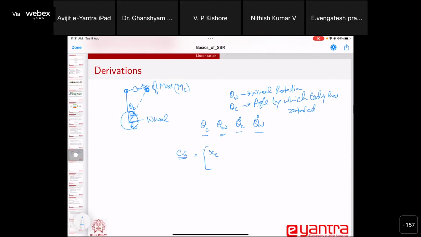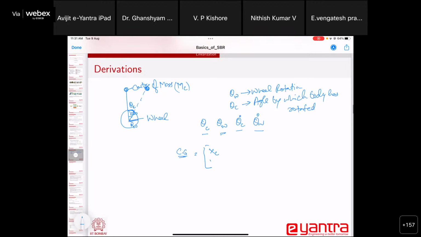So now, how does the center of gravity move? If it is tilted at an angle theta C, it will have two components: the x component and the z component.